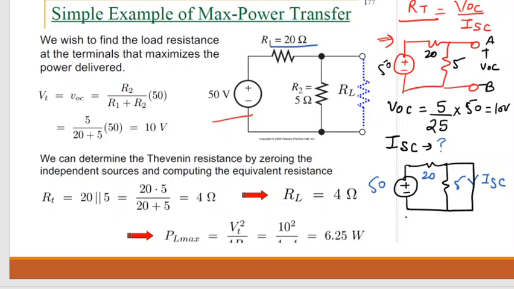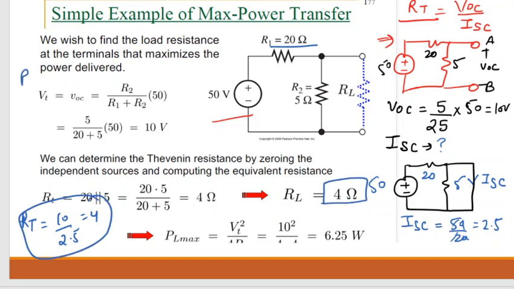Okay, cancel 5 ohm. ISC is how much? 50/20, 2.5. Okay. Now you need to calculate RT. RT is 10/2.5. That would be 4.